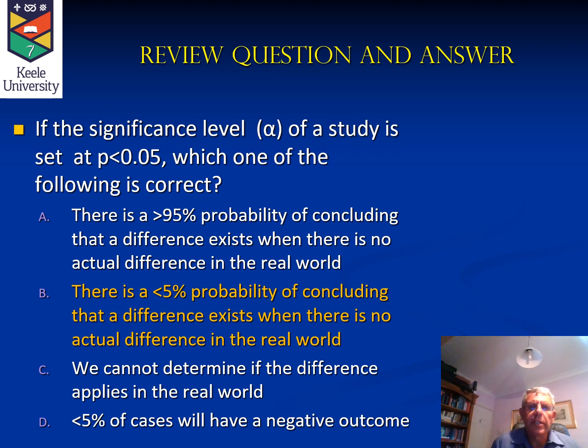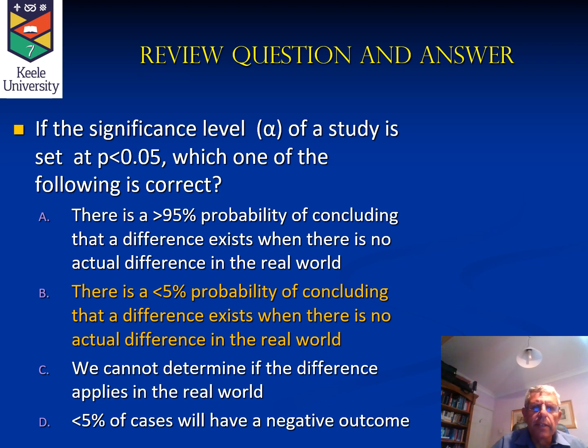So the question asked, if the significance level of a study is set at p less than 0.05, which of the following is correct? And the correct answer is B. There's a less than 5% probability of concluding that a difference exists when there is no actual difference in the real world.